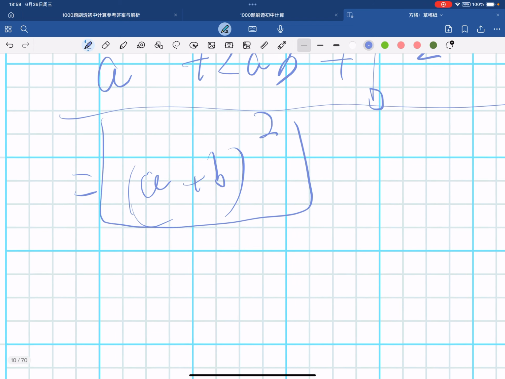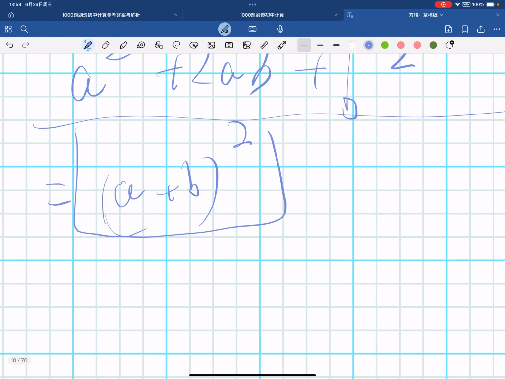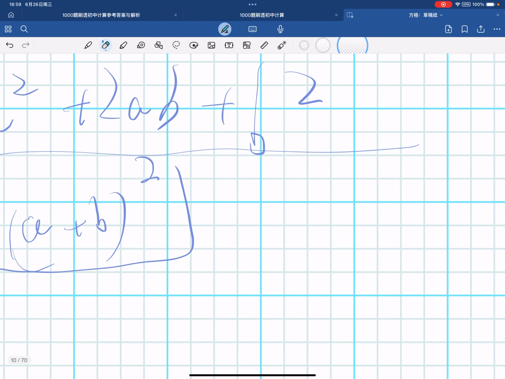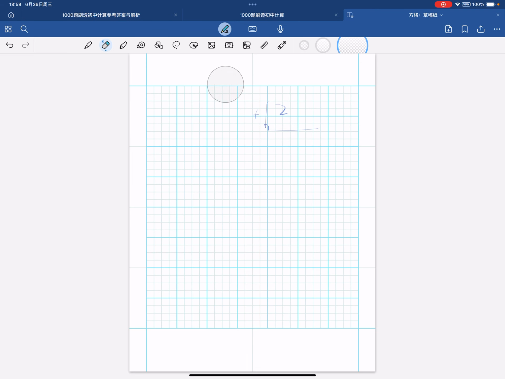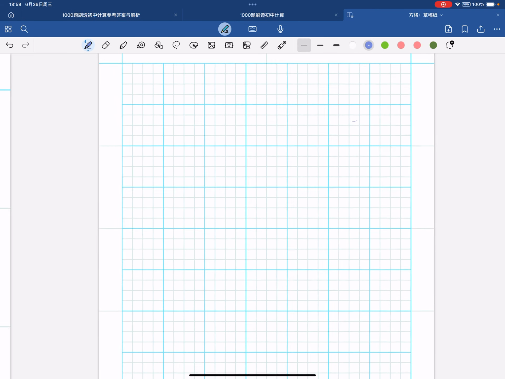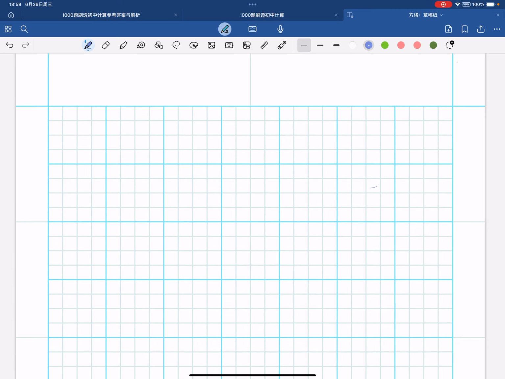This process is called factorization, a reverse process within simplify. So here, I'll teach you a basic way to factorize a number or a sequence.